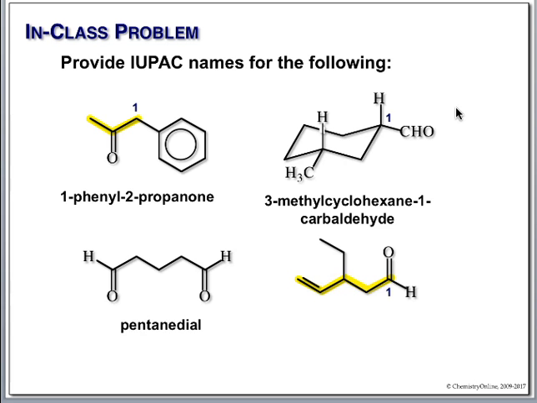Our next one here, we're going to let the carbonyl be part of our main chain. So the aldehyde is going to be carbon 1. We have a double bond here in carbon 2, 3, 4. So it's a 1, 2, 3, 4, 5, pentene. And we just happen to have an ethyl stuck here in carbon number 3.